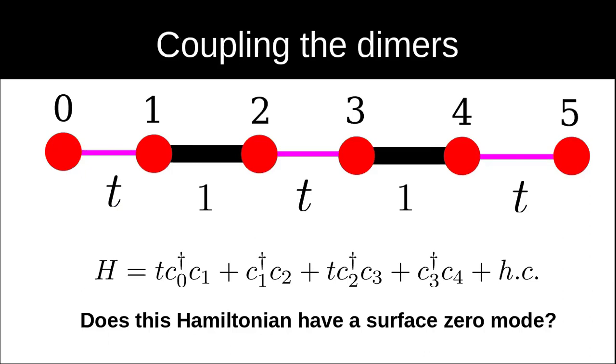Now, let us come back to this idea of coupling all the sites. So if you think now of the topological phase and you add some small t between the sites that were originally uncoupled, then you can start asking yourself, well, do these edge modes survive, or do they just disappear when I add this coupling?